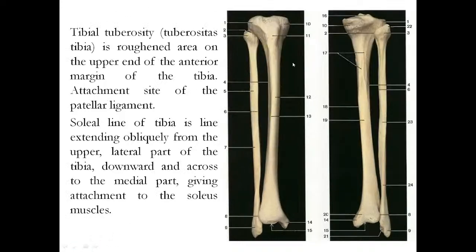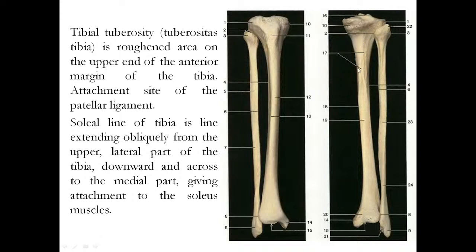The tuberositas tibiae, what you see, is a roughened area of the upper end of the anterior margin of the tibia, the attachment site of the patellar ligament, or ligamentum patellae.